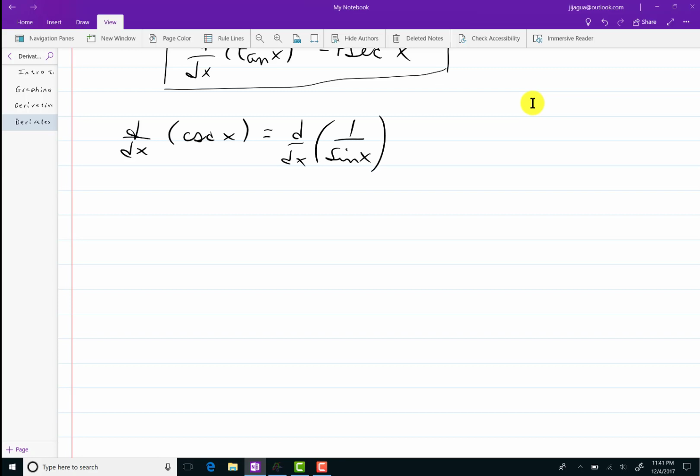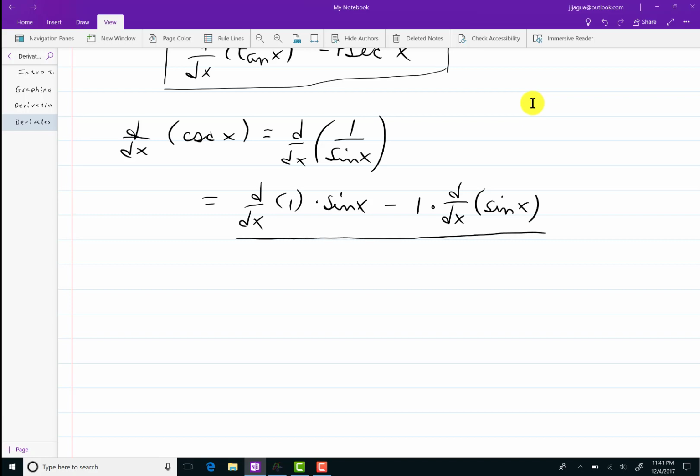So that gives me d over dx of 1 times sine of x minus 1 times d over dx of sine of x. All of that is divided by sine squared of x.